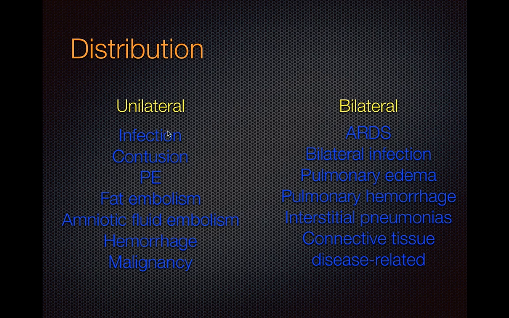Unilateral processes are infection, contusion, PE, fat embolism, cancer. Bilateral processes would be things like ARDS, bilateral infection, pulmonary edema, etc. Certainly it's not an absolute cutoff. You can have unilateral pulmonary edema on occasion, and certainly you can have malignancy in both lungs.